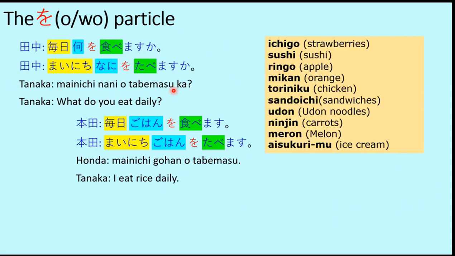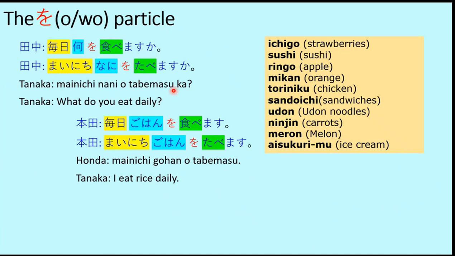Similarly, you can practice this using different food articles, just like ichigo is for strawberries. So mainichi ichigo o tabemasu. Sushi o tabemasu. Mainichi ringo o tabemasu. Watashi wa mainichi mikan o tabemasu. Watashi wa mainichi toriniku o tabemasu.